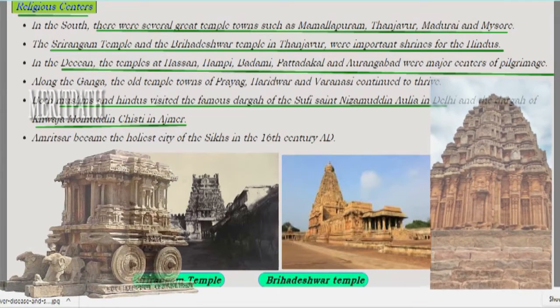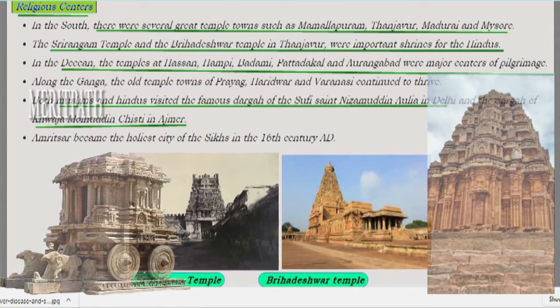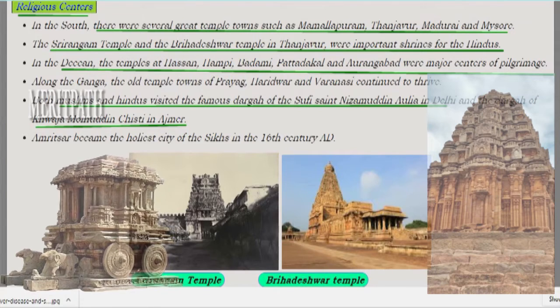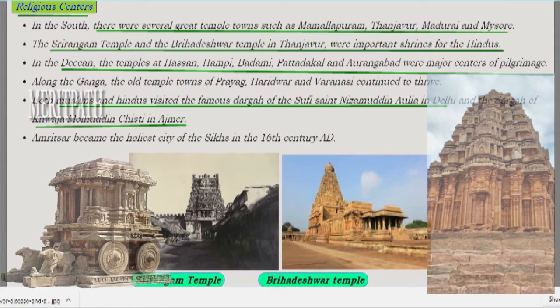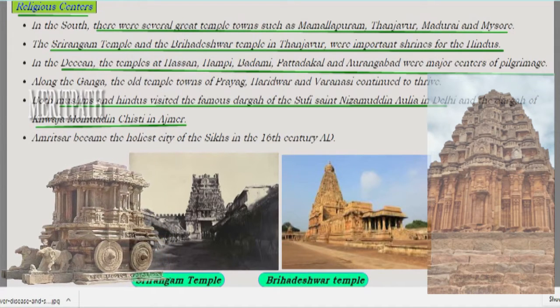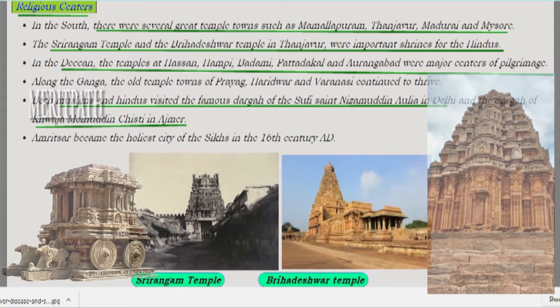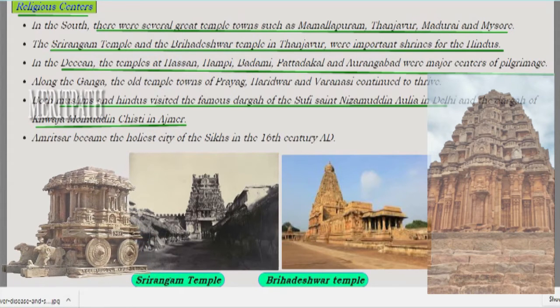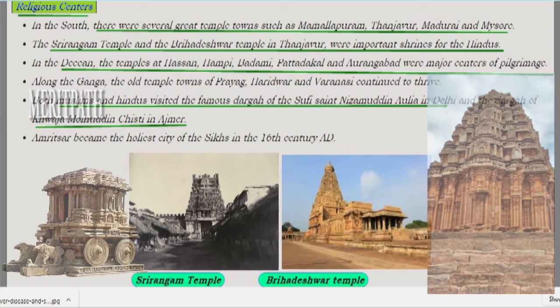Along the Ganga river were towns such as Prayag, Haridwar and Varanasi. Both Muslims and Hindus visited the dargahs of the Sufi saints Nizamuddin Auliya in Delhi and Khwaja Moinuddin Chishti in Ajmer. Amritsar was the holiest city of the Sikhs in the 16th century AD. This is the image of the Srirangapatnam temple.